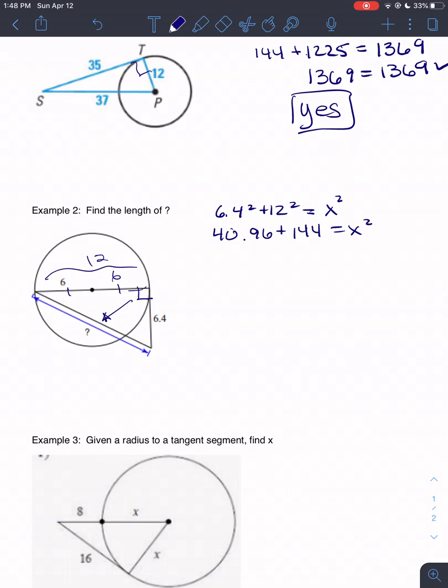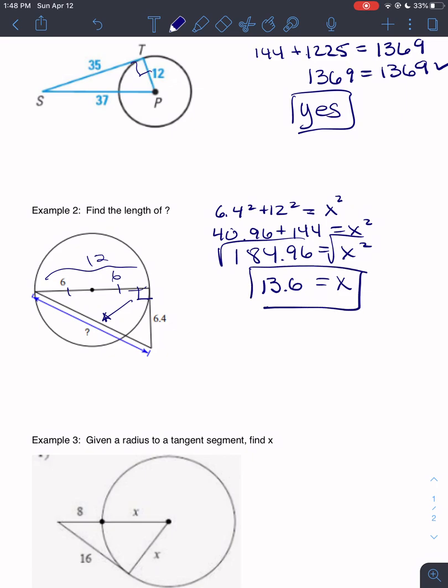So 144 plus 40.96 is going to give us 184.96 equals x squared. Go ahead and square root both sides. It looks like our missing segment is the square root of 184.96, which is about 13.6. That seems like a reasonable answer. We knew it was going to be more than 12 because it's the hypotenuse.